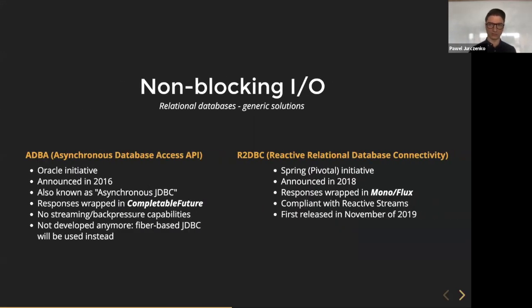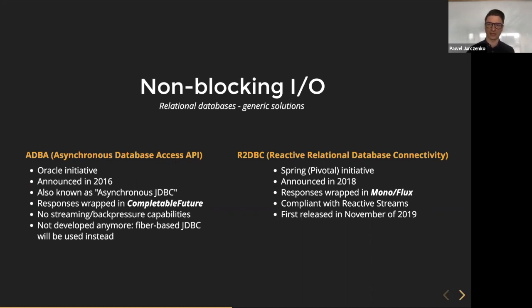There are also some attempts to provide generic solutions to non-blocking communication with relational databases. There are 2 main approaches, I would say. One of them was called ADBA, and it was developed by Oracle. It was supposed to be an extension of JDBC that would introduce some asynchronous capabilities. However, in September of 2019, Oracle decided that they would no longer be developing the solution.